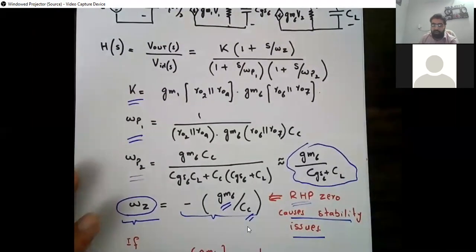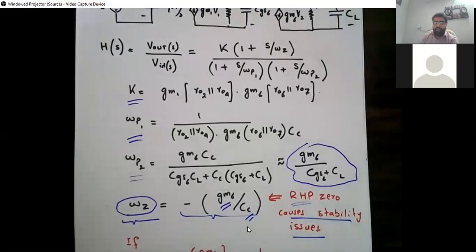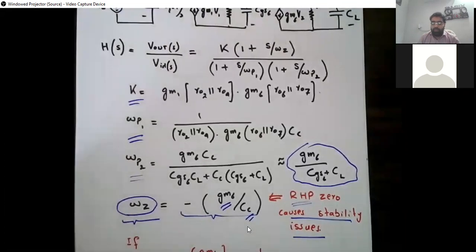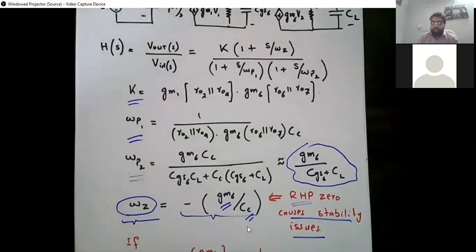So its effect will hurt us. In reality, when we say zero, it helps in improving the gain bandwidth, or it helps in improving the phase margin. But the right hand plane zero is going to have a negative effect for the phase, and the same effect as a zero on the magnitude.